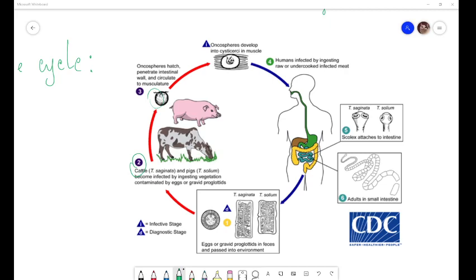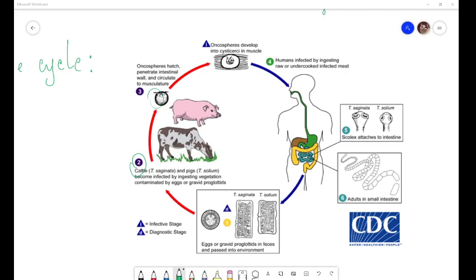Taenia saginata adults usually have from 1,000 to 2 or 3,000 proglottids, and Taenia solium adults have an average of 1,000 proglottids, because Taenia saginata is longer than Taenia solium.